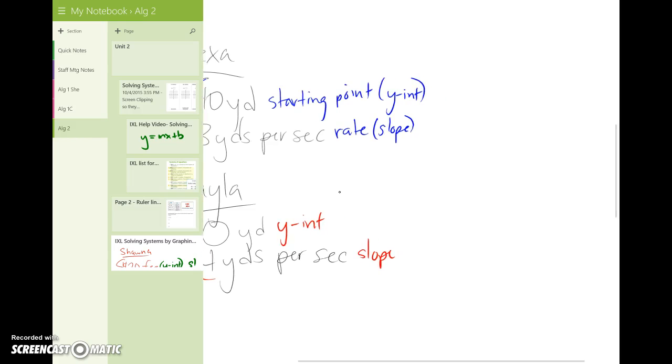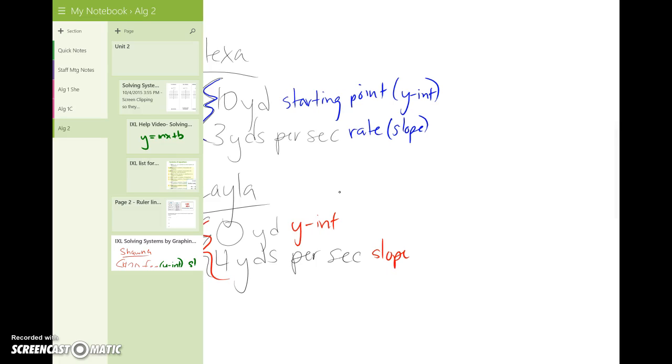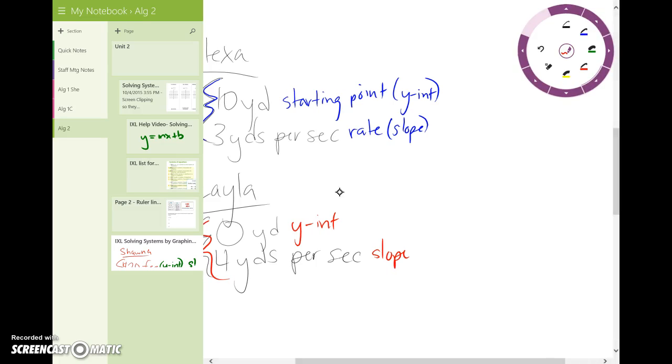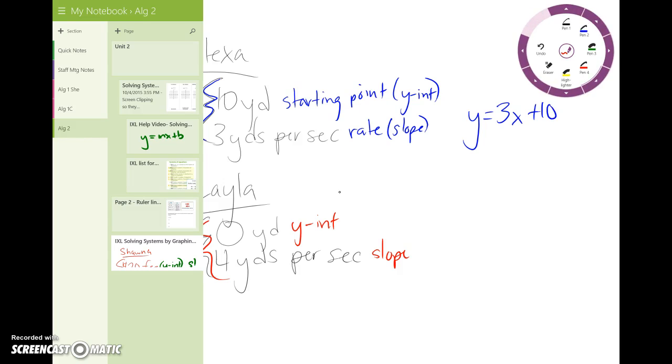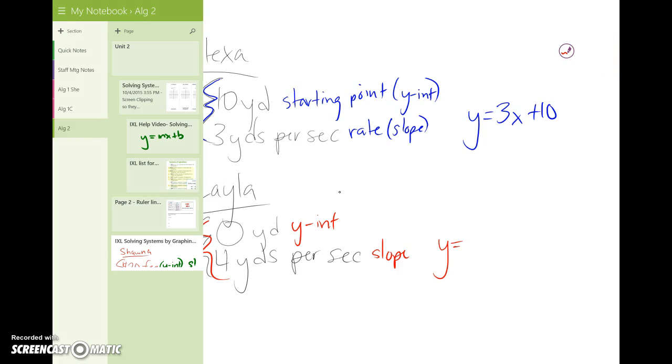Okay, so let's write our first equation. First equation is going to be y equals, our slope is 3 yards per second, times x, plus 10, which was her starting point. Now let's go down to Layla. y equals 4 is her rate, yards per second, she's moving in that potato sack, and she started at 0.